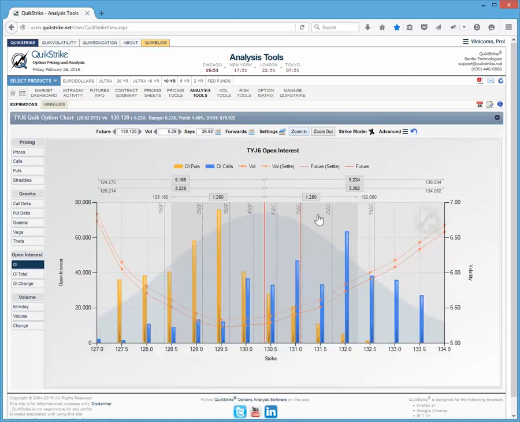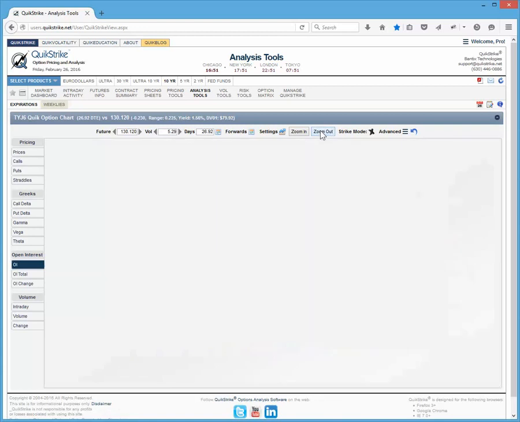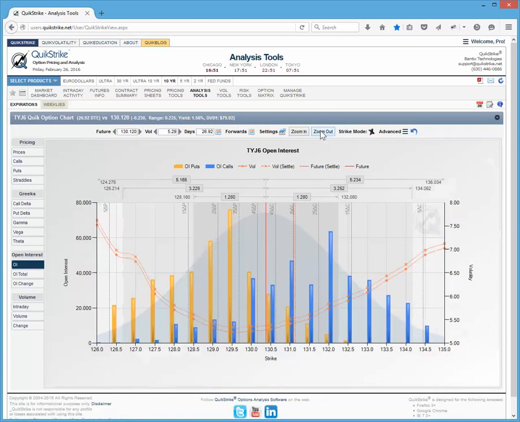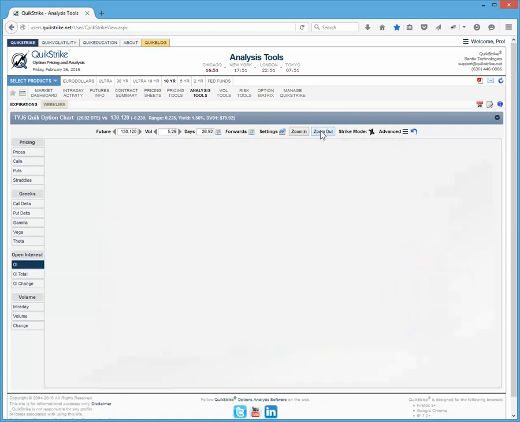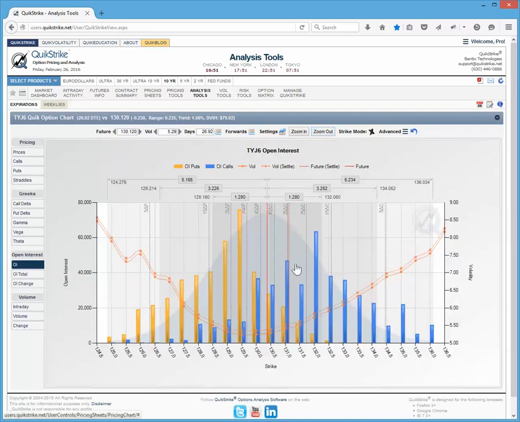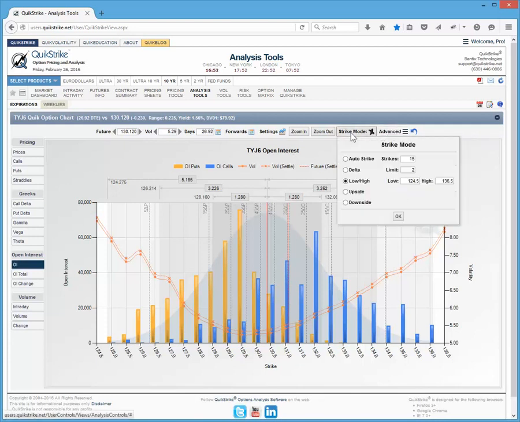Okay, so if we wanted to zoom into just basically one, we could see what's going on here. But again, depending on what expiration it is, how many strikes are active and how much time to expiration, I like to get a good idea of the whole perspective of all three standard deviations.